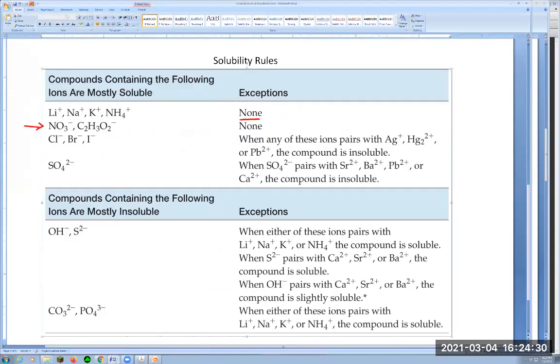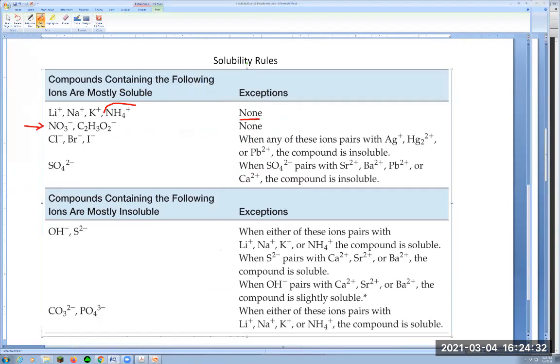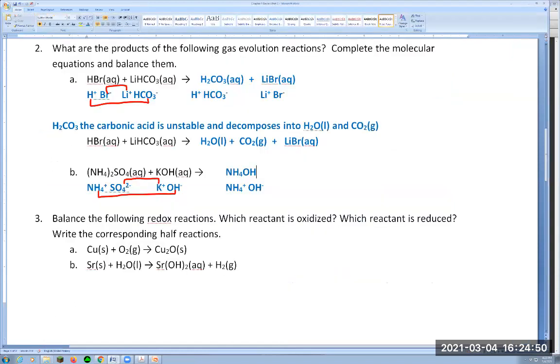NH4 plus is there and OH minus is there, but NH4 plus is enough here to see that there is no exceptions when you have the ammonium. All the compounds that ammonium makes are soluble, no exceptions. So that's going to be soluble. And so that means you type AQ here.